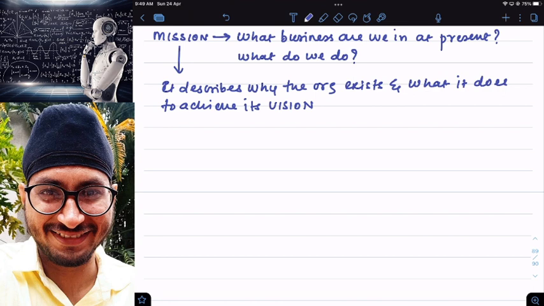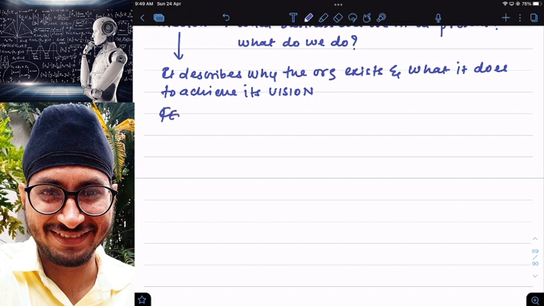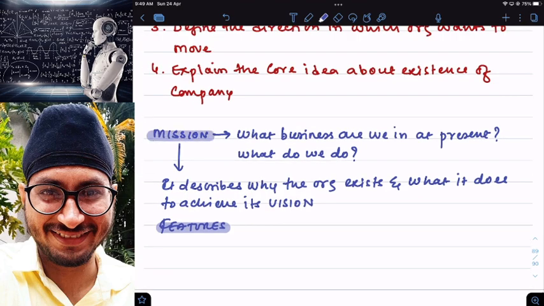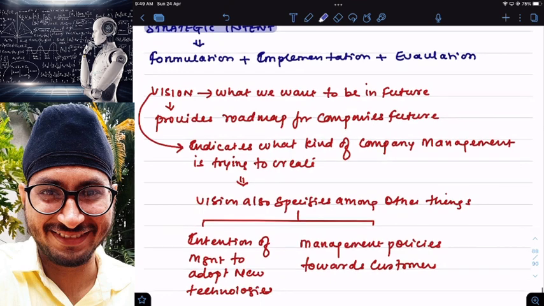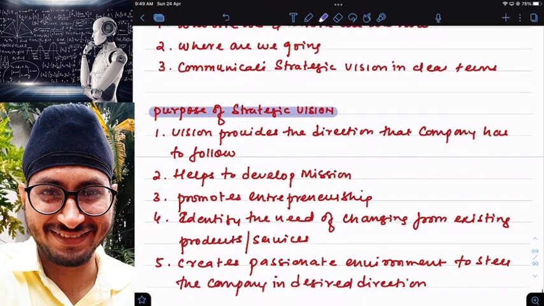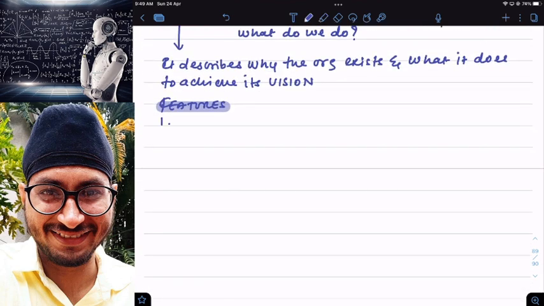Now let us see what are the features of mission. Feature number one. It is an expression of company's vision.